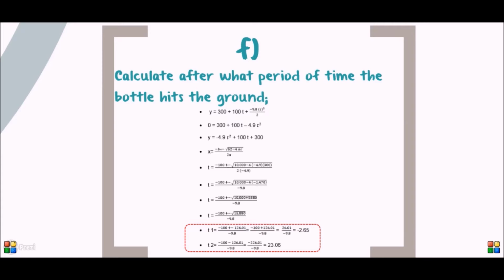So now, in letter F, first we have the equation to search for time. We have the formula for displacement over y, that is going to be y equals 300 meters plus 100t plus negative 9.8 times time squared divided by 2. Then we started solving the equation, and we organized it from the biggest exponent to the smaller one, which was y equals negative 4.9t squared plus 100t plus 300.